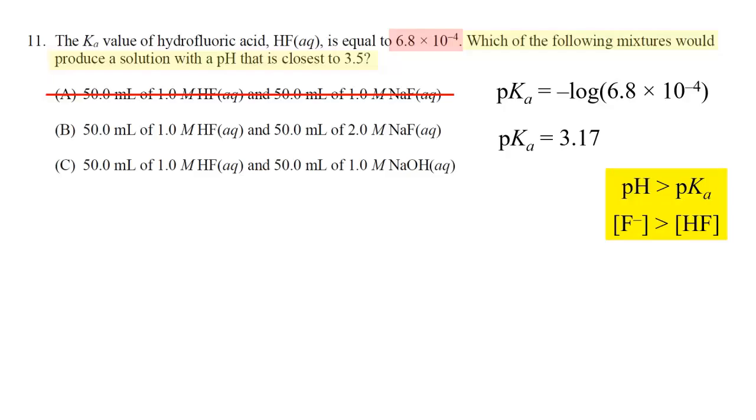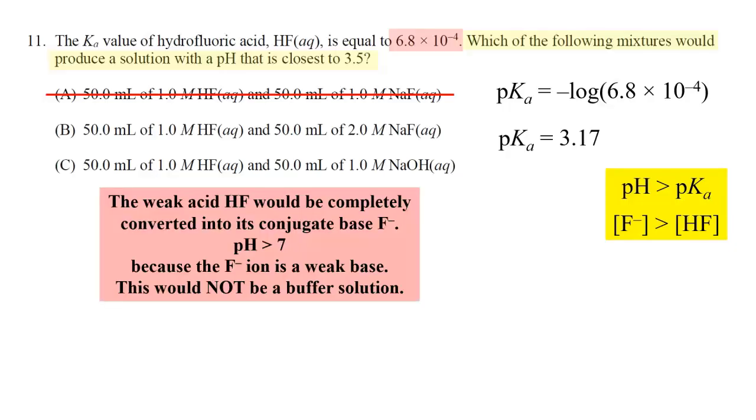Now we start with 50 milliliters of 1.0 molar HF, but this is not combining it with sodium fluoride. This is combining it with sodium hydroxide, so we're doing a titration in choice C. Are we stopping at the half equivalence point? No, we're actually going all the way to the equivalence point.